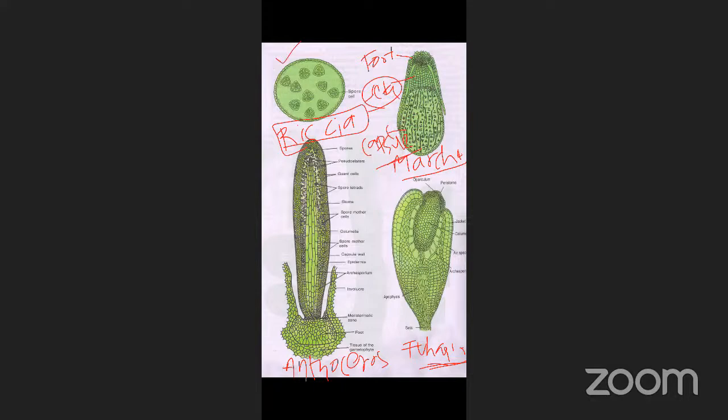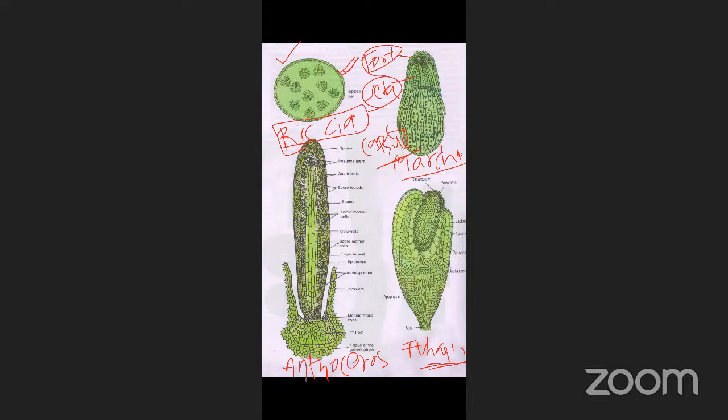But next, Carcinia: only foot present, seta absent, and again capsule. That means here the sterile cells gradually increased. Only in Riccia is it a fertile part. The capsule is the fertile part because it consists of spores.